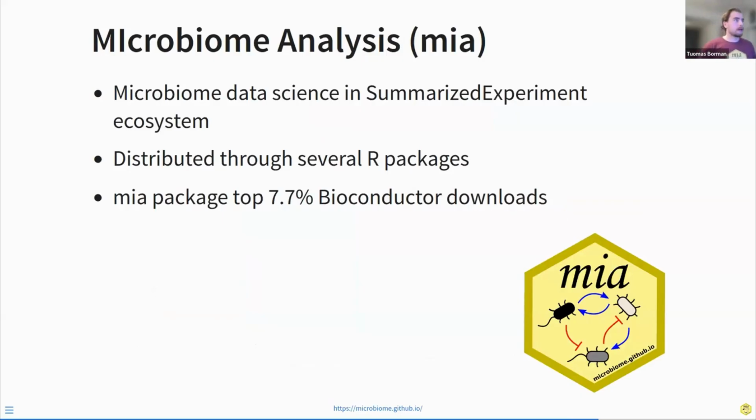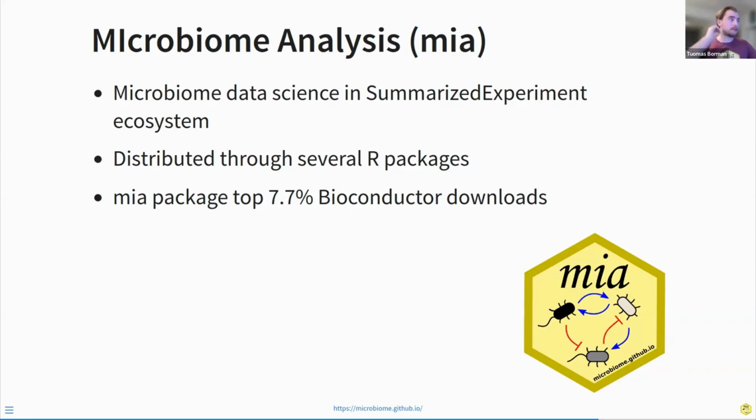So around this TreeSummarizedExperiment data container, which was the most optimal data container for microbiome analysis, we developed this microbiome analysis framework. It is not only a single R package, but several R packages, and this mia package is the most widely used.